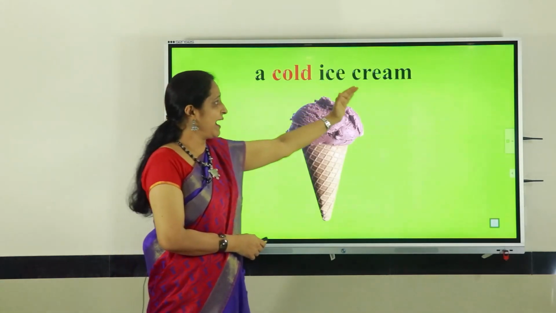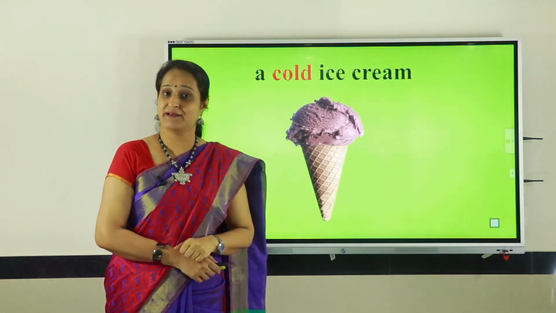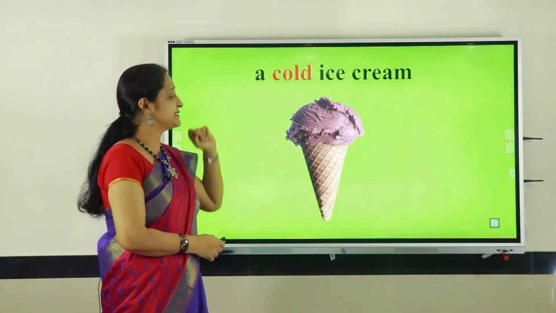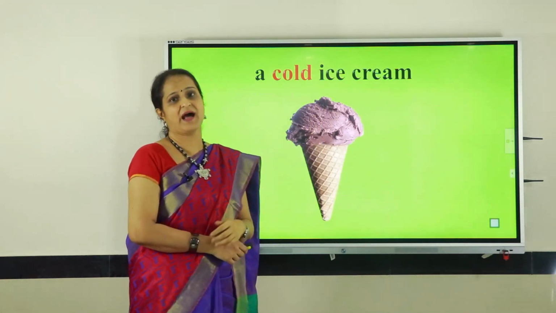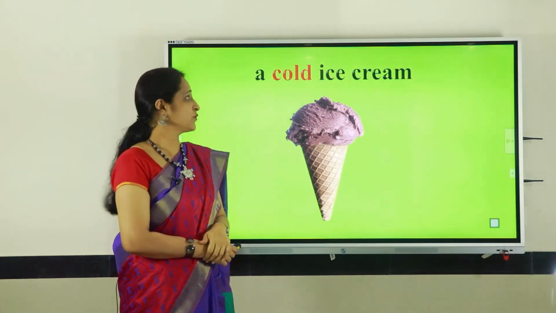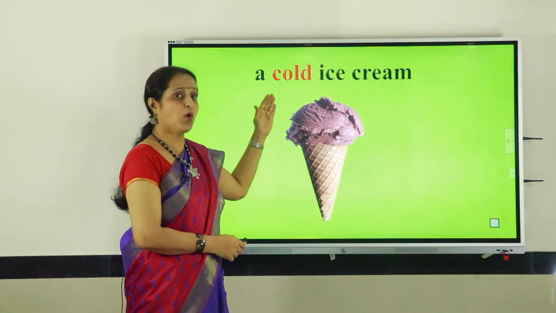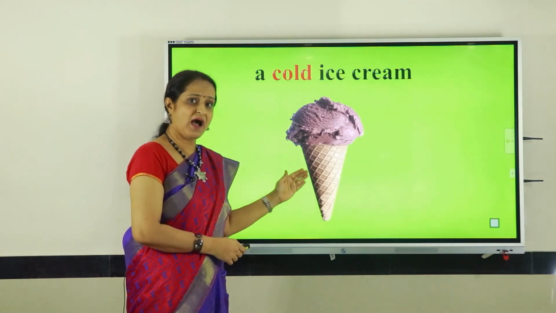Here, ice cream is the name of the thing. Ice cream is the naming word or noun. And the highlighted word cold describes the naming word ice cream. So, a cold ice cream where cold tells us more about the noun ice cream.